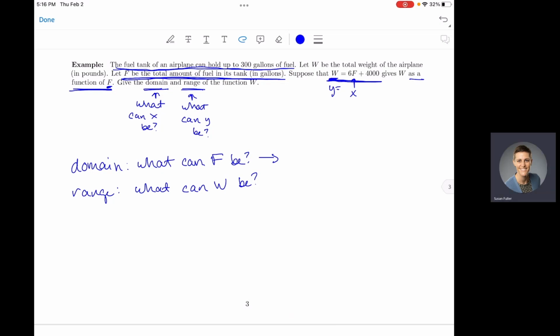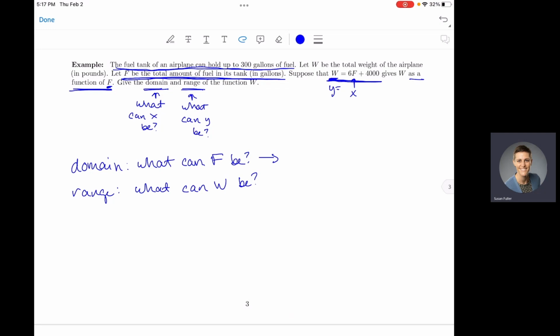Now, can we have any number between 0 and 300, or can we only have whole numbers? Like, can we only have 1, 2, 3, 4 gallons, or can we have 0 gallons? Can we have half a gallon? Can we have 0.01 gallons? We can absolutely have fractions of gallons of fuel in an airplane. That makes sense.